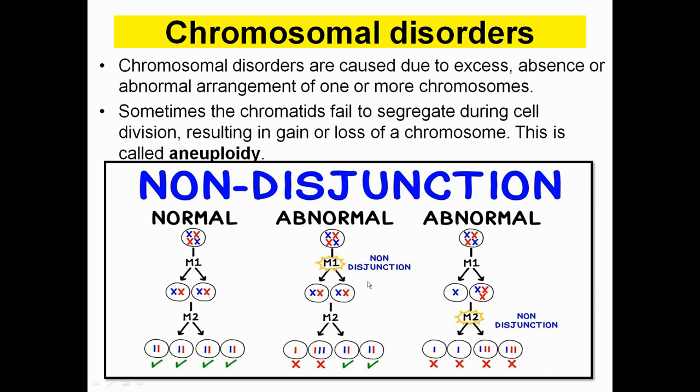During non-disjunction in the meiosis 1 phase, there will be non-separation of the chromosomes, and ultimately one gamete will have one extra chromosome and another gamete one fewer chromosome. Here also you can see that M2 is going to disjunct, and ultimately we have four gametes which are aneuploid. Some have fewer chromosomes, others have an extra chromosome.